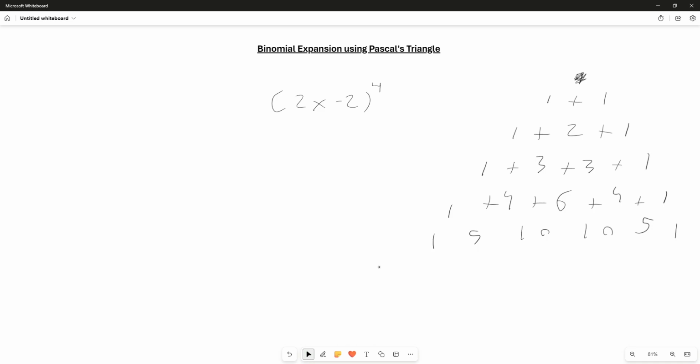what we can do is we know that the binomial will start with something x to the 4th, plus something x to the 3rd, plus something x squared, plus something x, plus something.